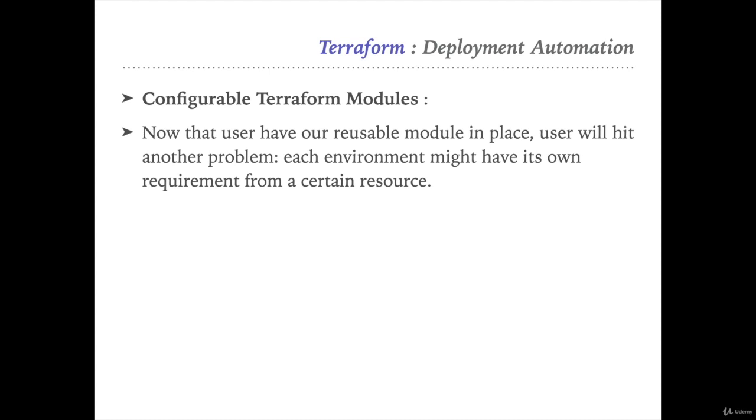Suppose for the elastic cache resource, in dev we want to use the small size, and in production we want to use the large size, but we have declared the resource definition at one place. Does it mean that the same resource will be created in all environments, or can we make the resource size configurable? The answer is we can make the resource size configurable with the help of variables.